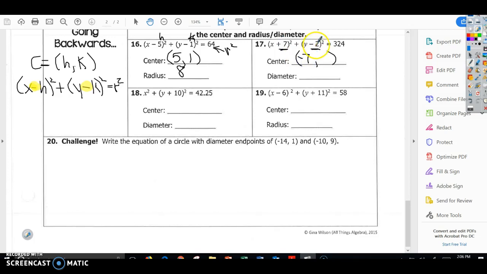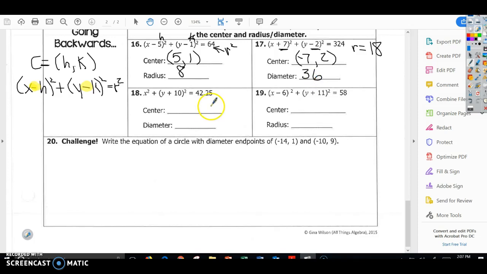And then minus 2, again, the negative is part of the formula, so that would just be 2. And then 324 is radius squared. So if you take the square root of 324, you get 18. And then this asks for the diameter instead of the radius. The diameter is twice whatever the radius is, so 18 times 2, or 36. Okay?